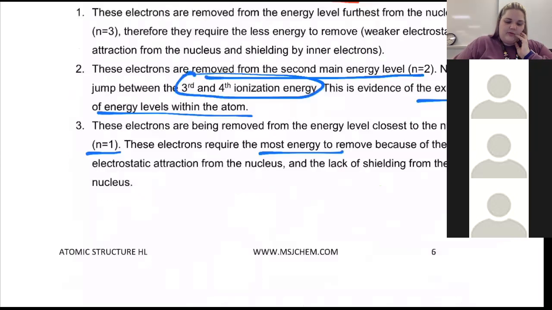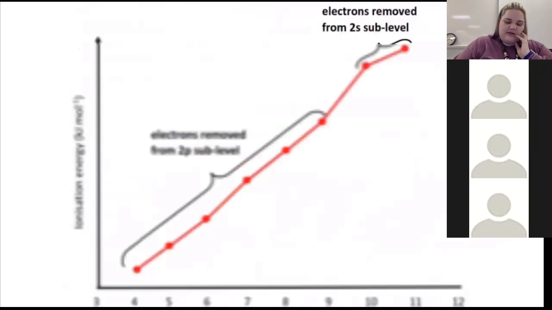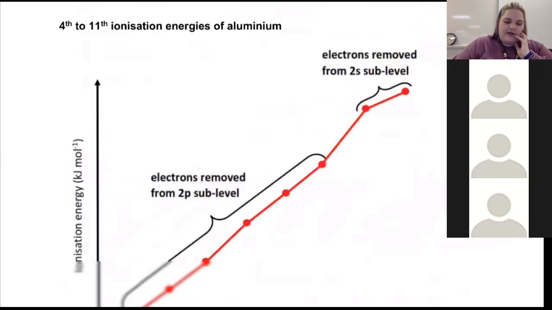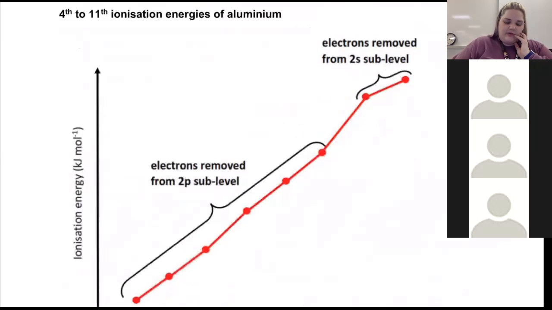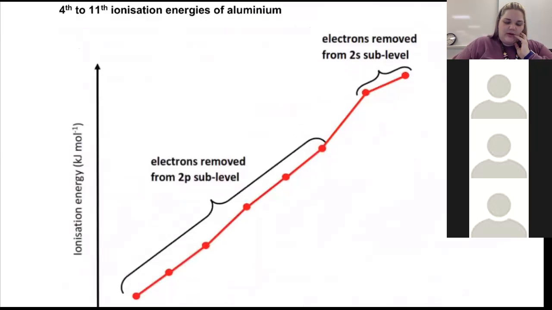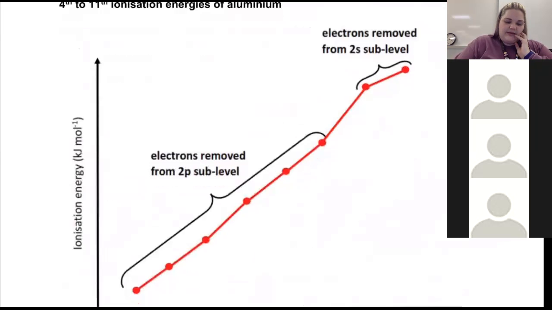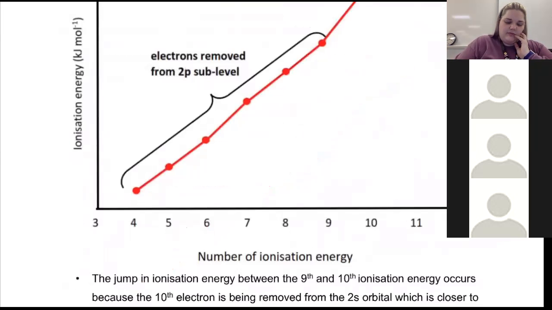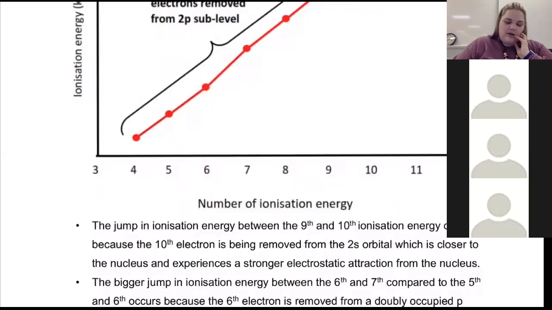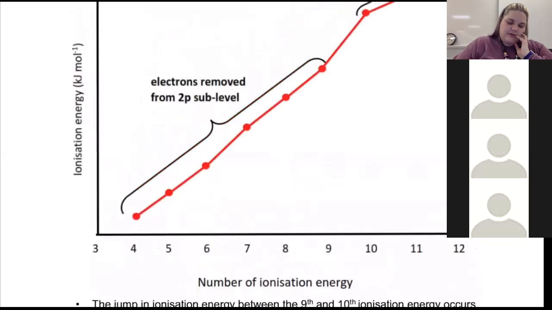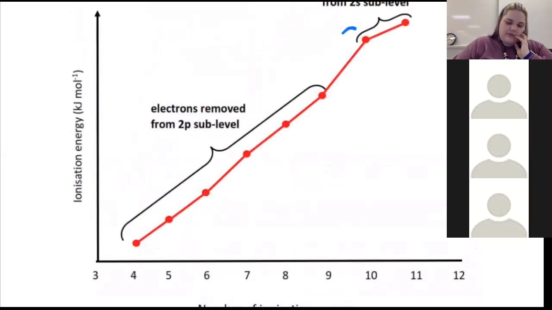And so if you look here, this talks about the 4th to the 11th ionization energies, and this is really going into detail like I talked about where between 9 and 10, there's another gap here because these are going to be your 2p, okay?